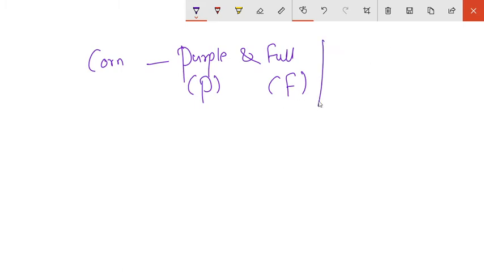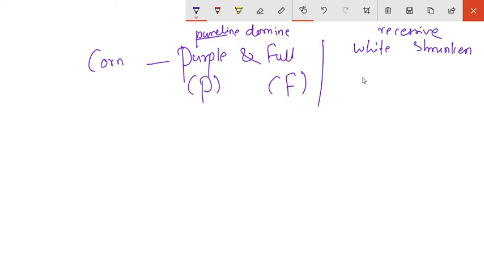The second, the dominant parent, pure line dominant parent, is crossed with the recessive, that is the white endosperm and the shrunken endosperm. Okay, so it is the pure line recessive. So white is denoted by the small p and shrunken by the small f.